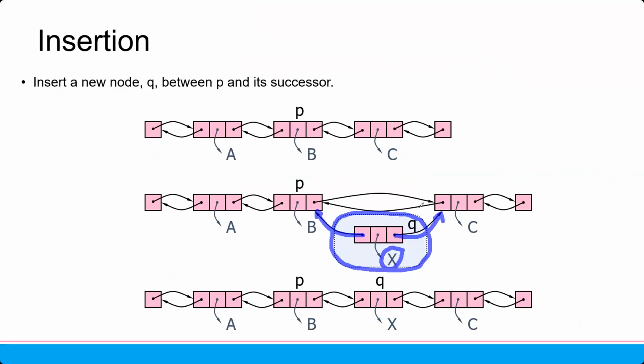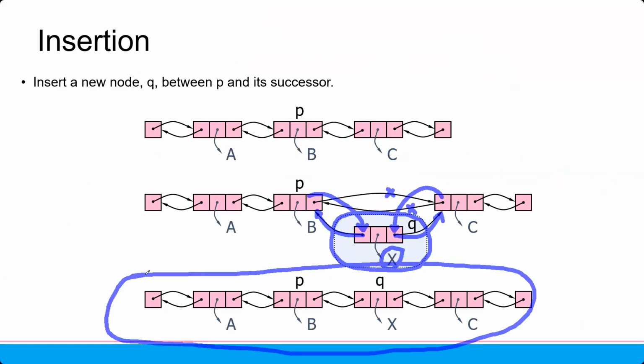After that, we will remove this one, and then the next element of P will be updated here, and the previous element of C will be updated here. Then we will get new data like this one.